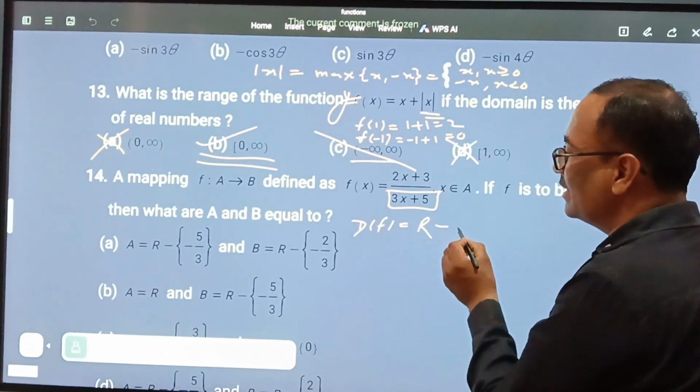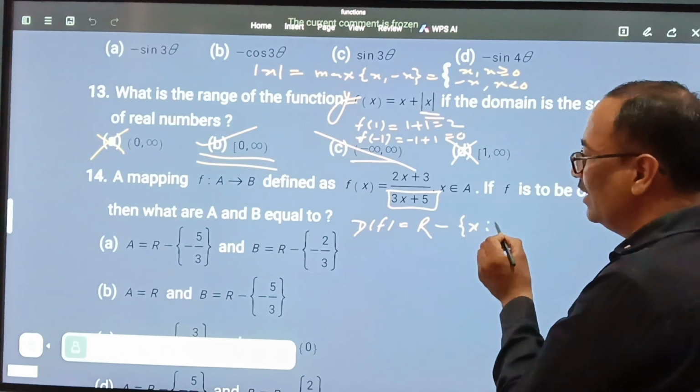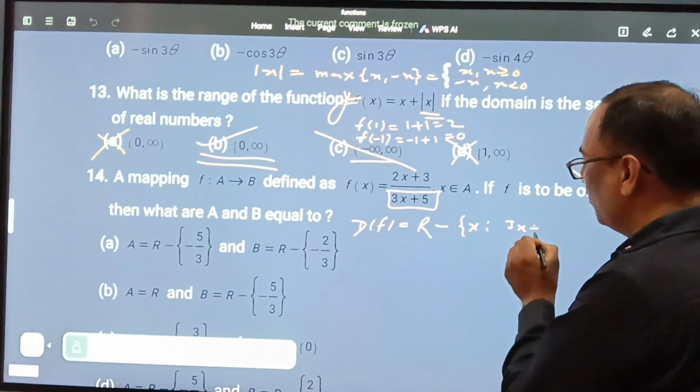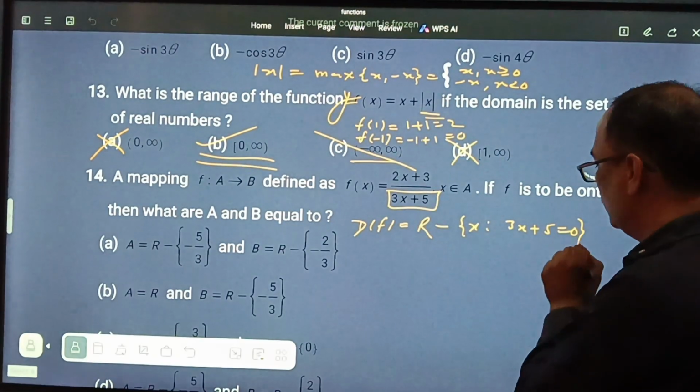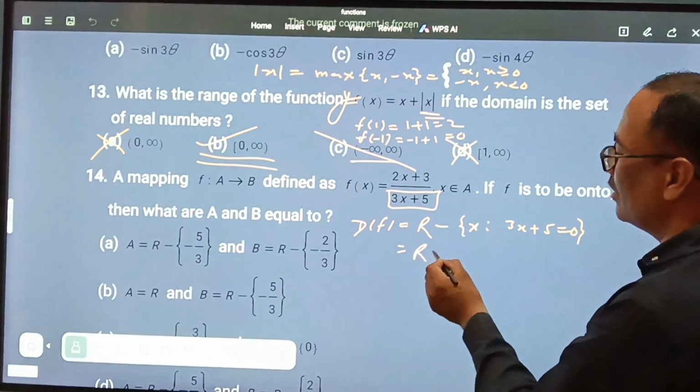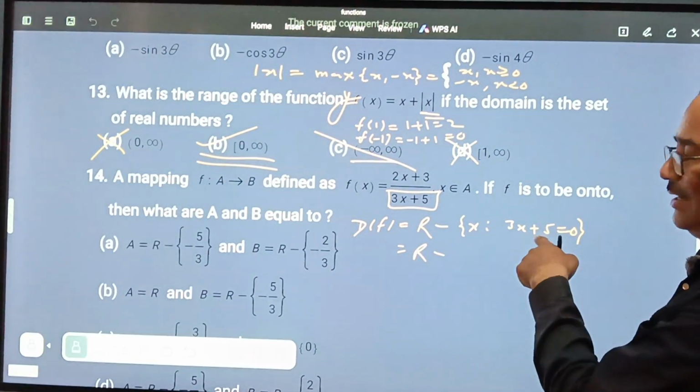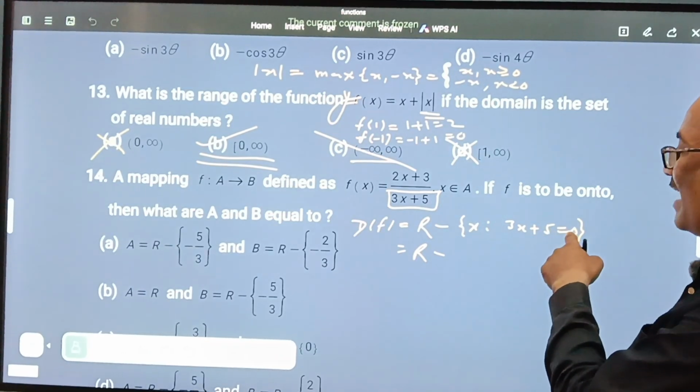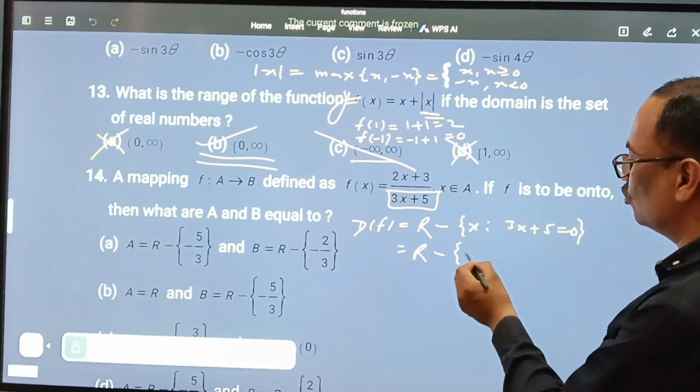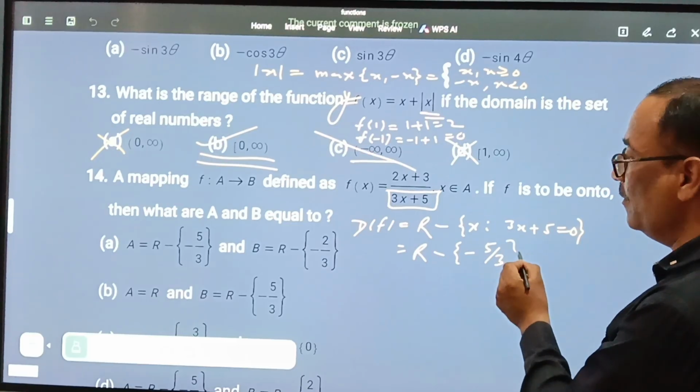All real numbers except those x for which 3x plus 5 equals 0. So it is equal to all real numbers except, when we solve this equation, what do we get? Minus 5 upon 3. So except minus 5 upon 3.